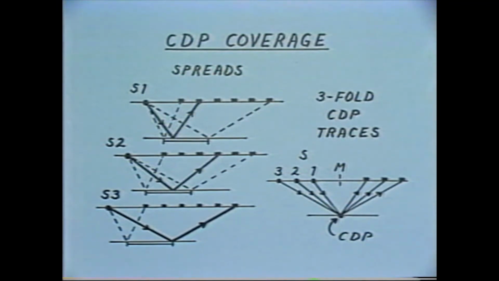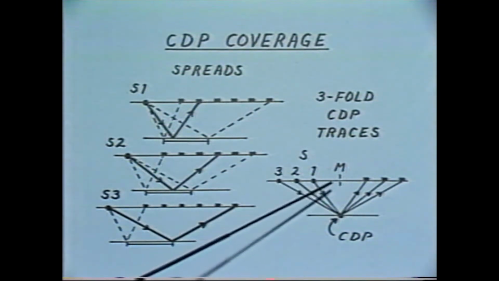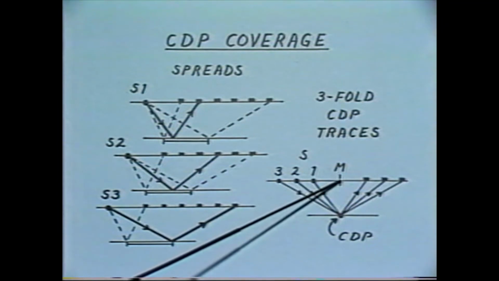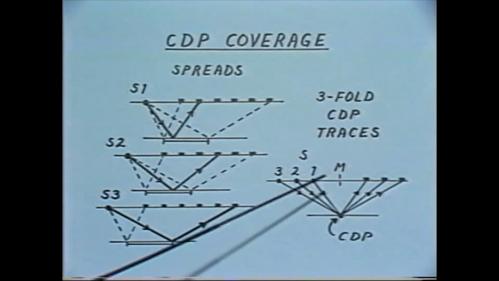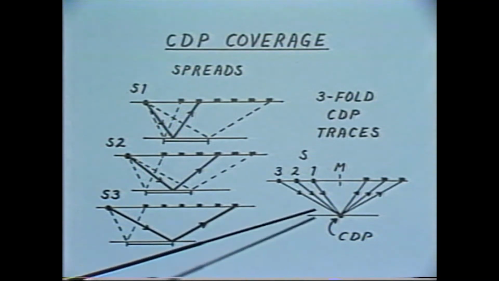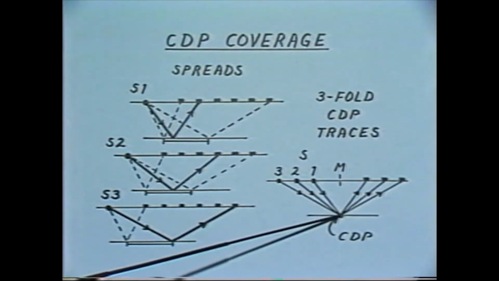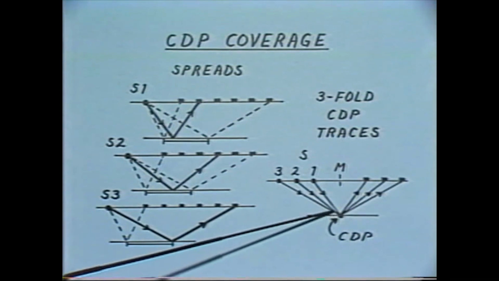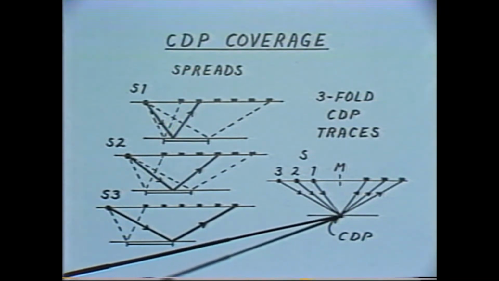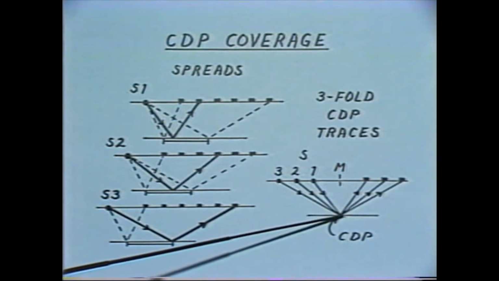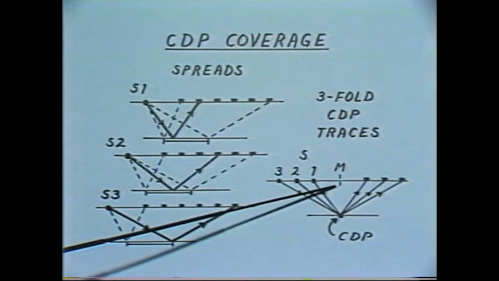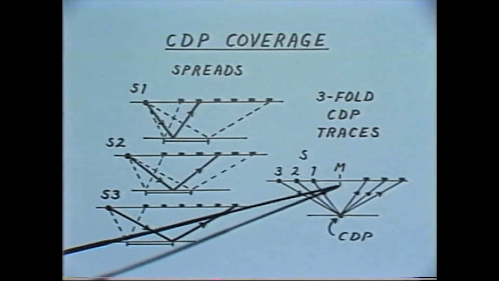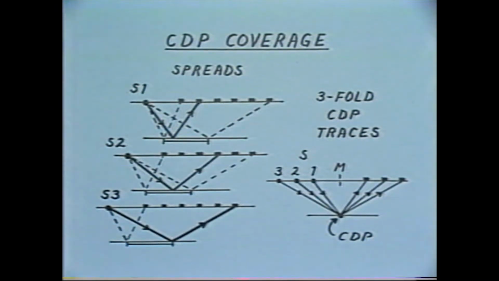Strictly speaking, they are common midpoint traces in that each trace has its source and receiver centered on the same point. Now, in most situations, this also means that they have common reflection points on each reflector, but not in every situation. They may be slightly different. So remember that the real definition of a set of common depth point traces is really their common midpoint characteristic.